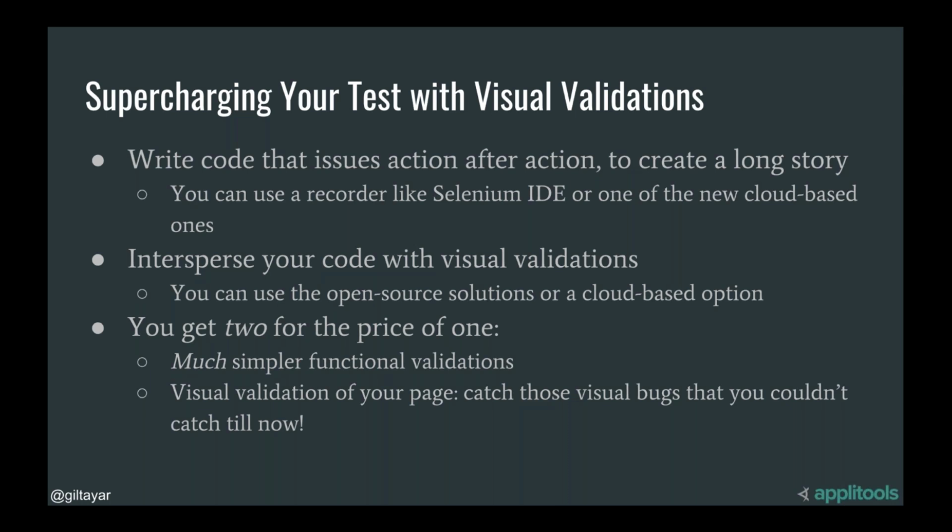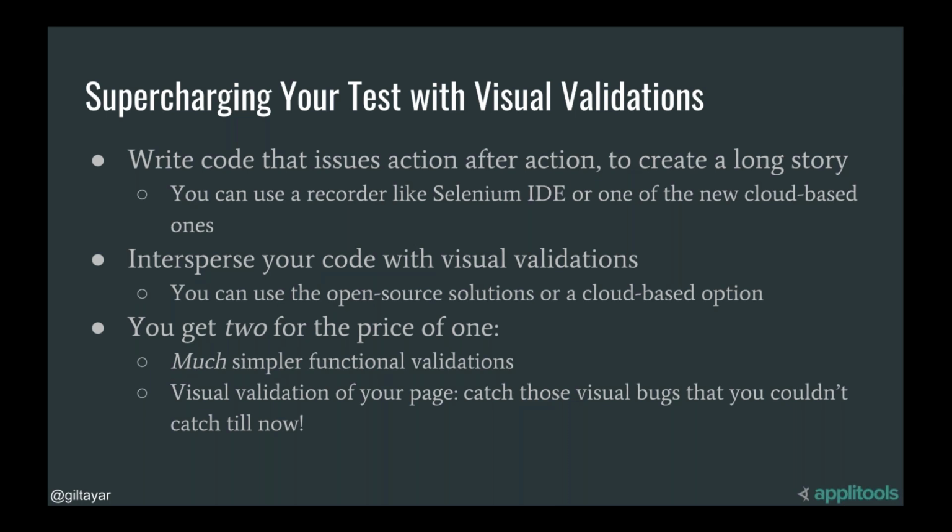And the nice thing about it is if you add visual validations instead of functional validations, you get two for the price of one. One, you get much simpler functional validations, as we saw. We can replace a whole page of validations with just one line.